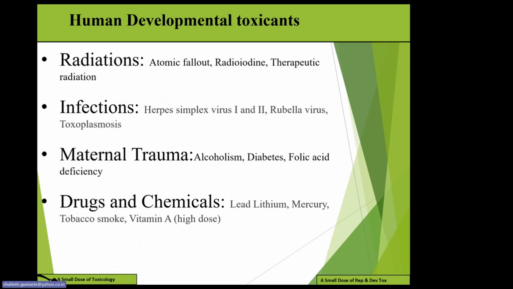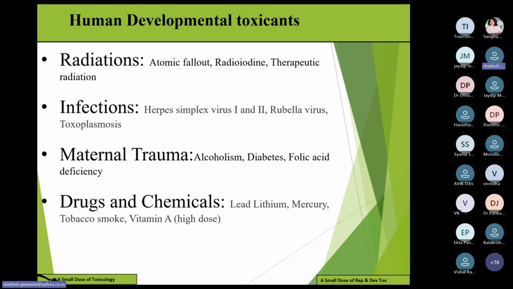What are the human developmental toxicants? They are radiation, some infections, maternal trauma and behavior, and drugs and chemicals. In radiation, for example, atomic fallout, radioiodine, and therapeutic radiation are responsible for human developmental toxicity. Then the rubella virus and herpes simplex virus 1 and 2, this kind of infection also leads to problems in human development.